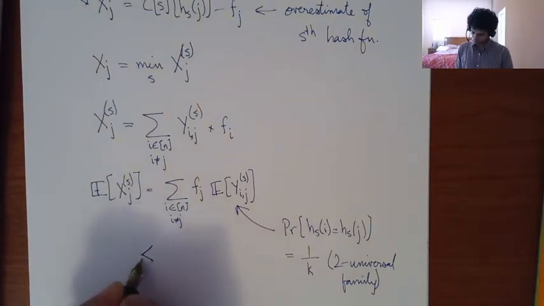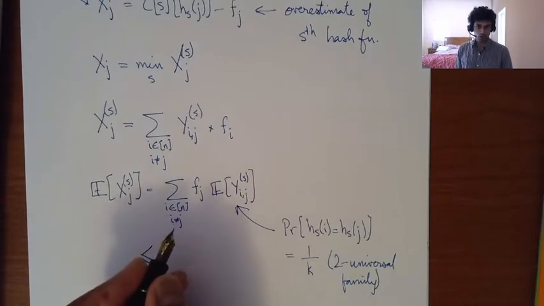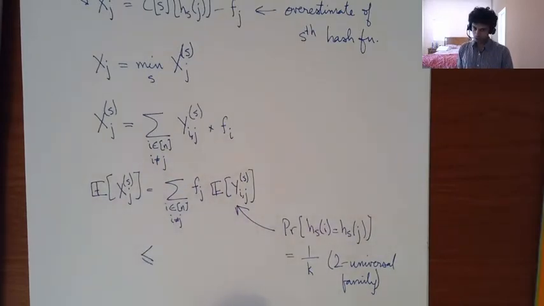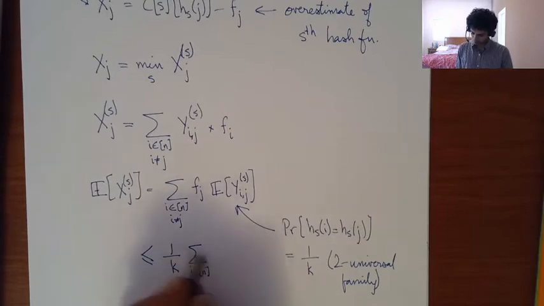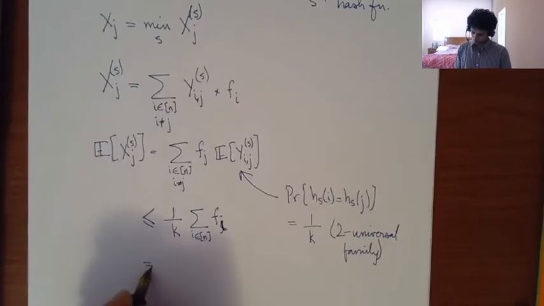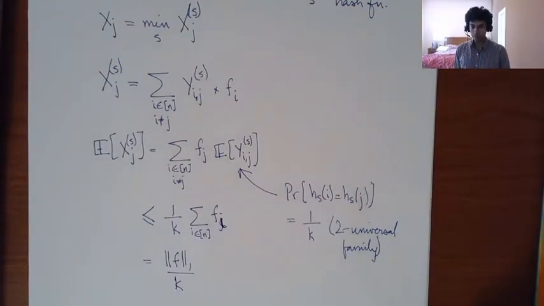So what this gives me is at most, because I can even get rid of the i not equal to j, 1 over k times the summation of fi, which is exactly the total count divided by k.